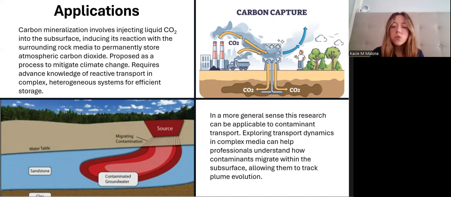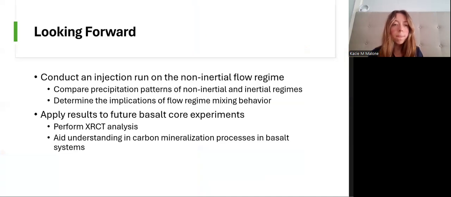And in more of a general sense, this research can also be applicable to contaminant transport. Exploring transport dynamics in complex media can help professionals understand how contaminants migrate within the subsurface and allow them to track plume evolution.